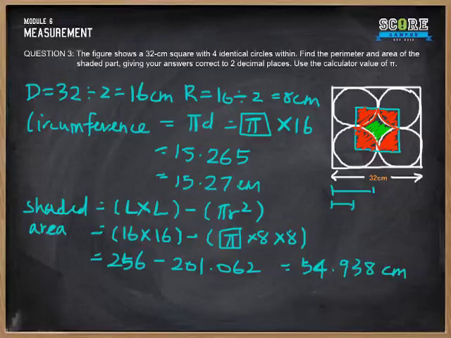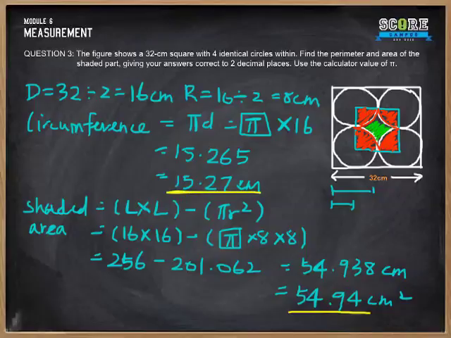This is to 3 decimal places. However, your final answer is correct to 2 decimal places, which equals 54.94 centimeters squared. And this is the final answer for the area of the shaded region, and now 15.27 centimeters, which is the perimeter of the shaded region. We are done with this question.